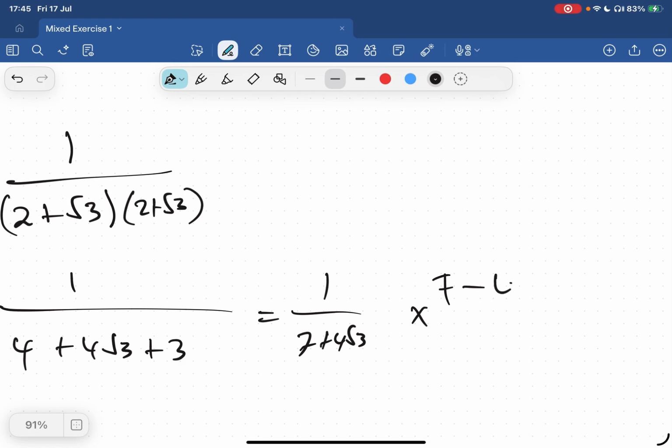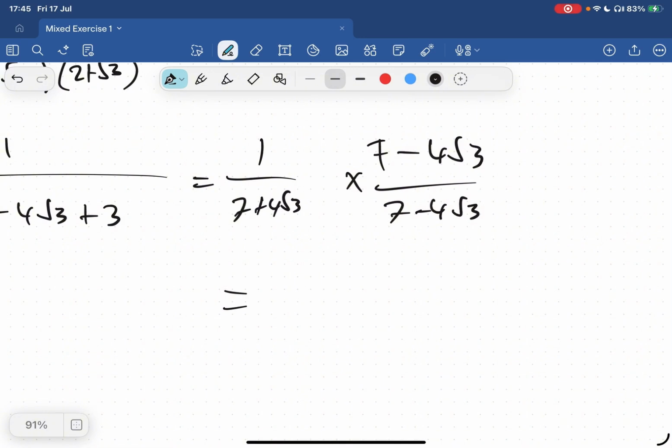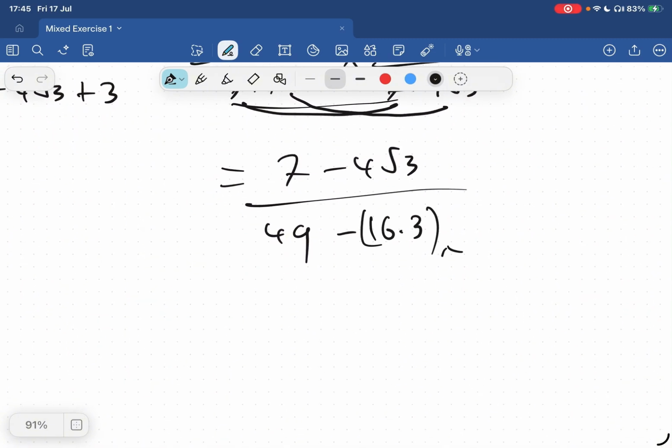So 7 take away 4 root 3 over 7 take away 4 root 3. The top is going to give us 7 take away 4 root 3, and the bottom is where the magic happens, 49, and then we've got the negative and the positive that cancel, leaving us with negative 16 times 3. So 48, which is then a 1 on the denominator, so we get 7 take away 4 root 3.